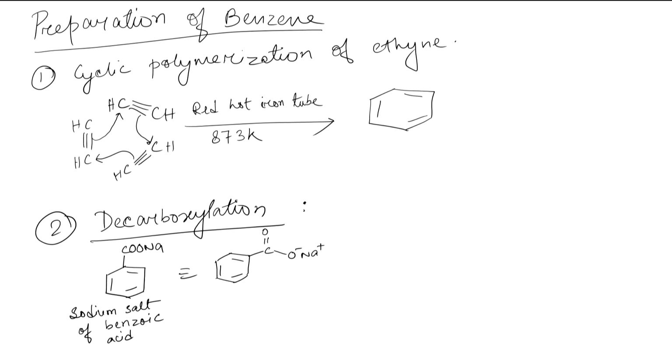So sodium salt of benzoic acid on reacting with sodium hydroxide and calcium oxide and heat, it will form hydrocarbon with one carbon less. So it forms benzene. Okay. So decarboxylation of benzoic acid forms benzene.